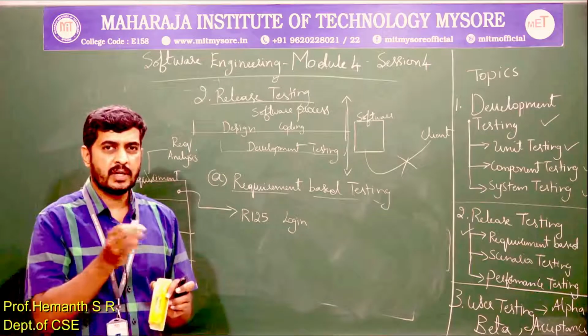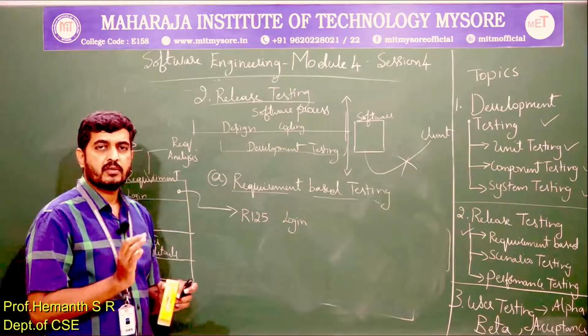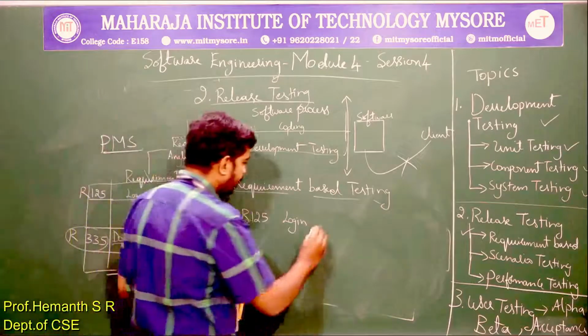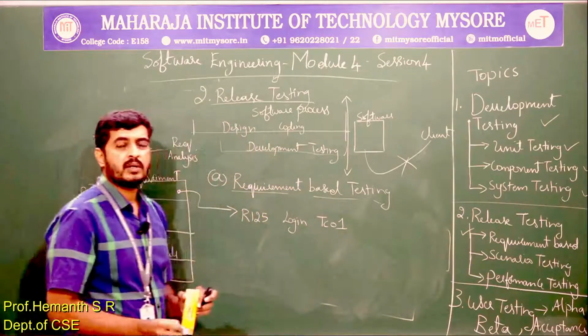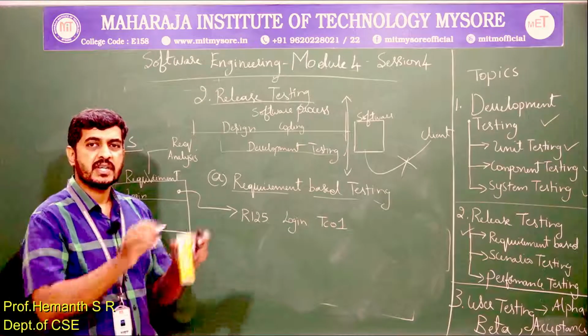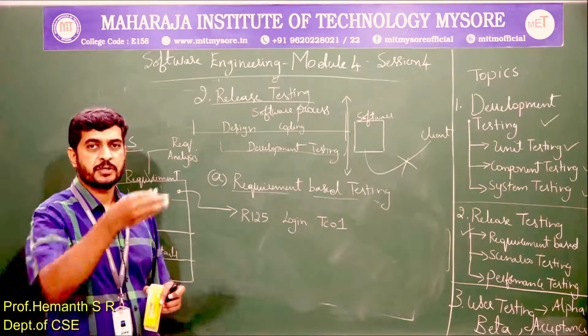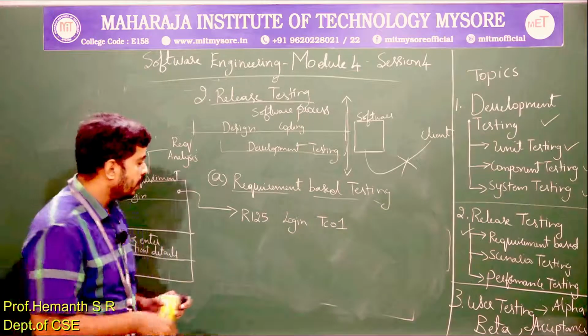You can see 3 different stages here. Maybe for each stage we will have a test case. For example, TC01, test case 01, for checking whether the patient is getting the login page, because first he should be given the login page, then only he can enter the credentials.